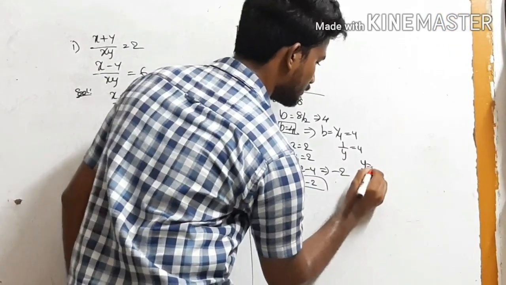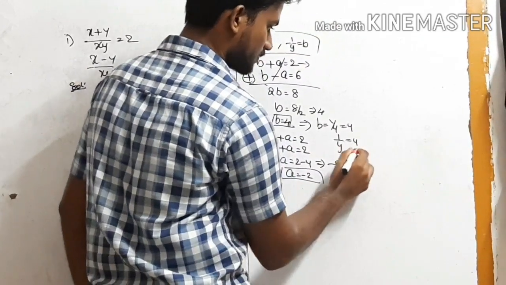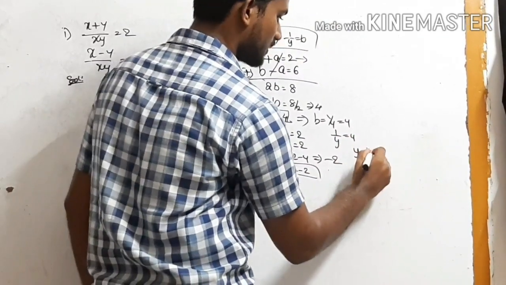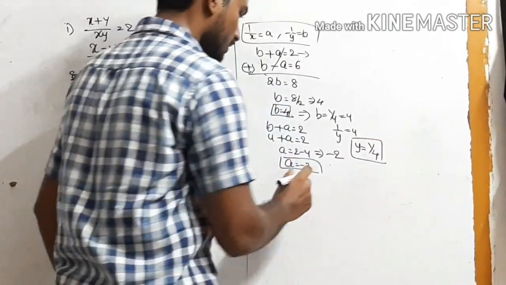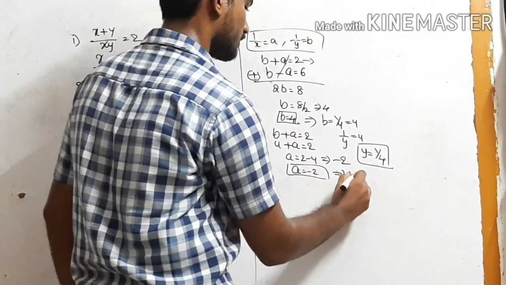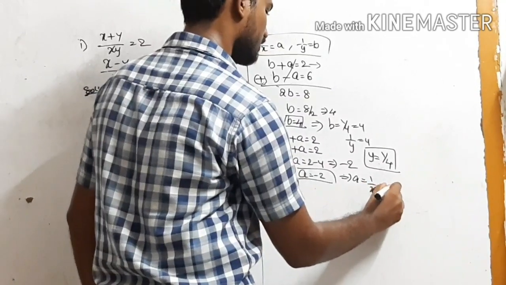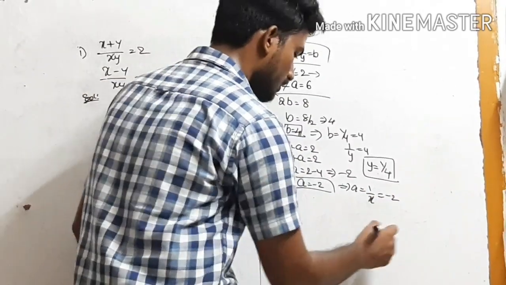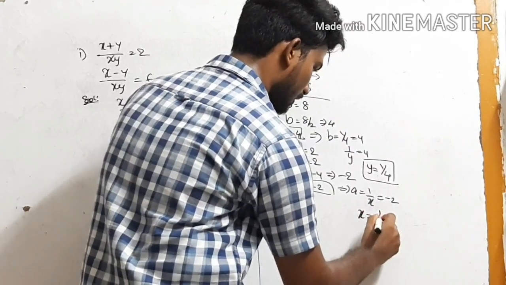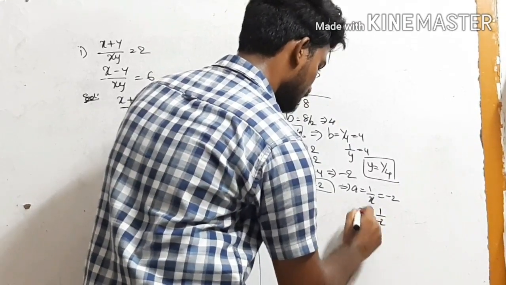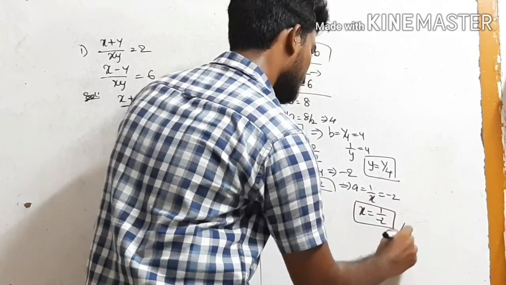Then by cross multiplication, y equals 1 by 4. And a equals 1 by x equals minus 2. By cross multiplication, x equals 1 by minus 2. This is the solution.